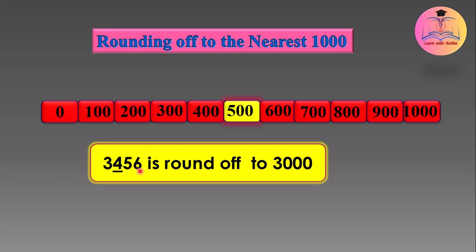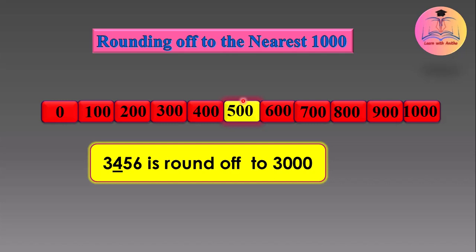3456. We have to check the hundreds place here: 4, then tens place 5 and ones place 6. So 456. 456 lies between 400 and 500, correct?